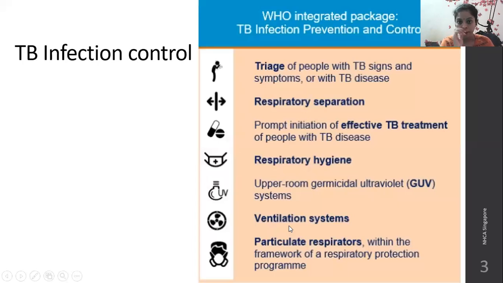So for TB control, WHO has integrated the following steps in TB infection prevention and control. The first step is triage of the people with TB signs and symptoms or with TB disease.